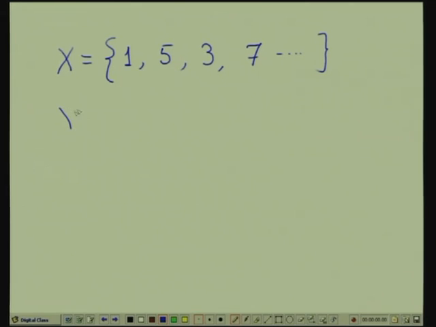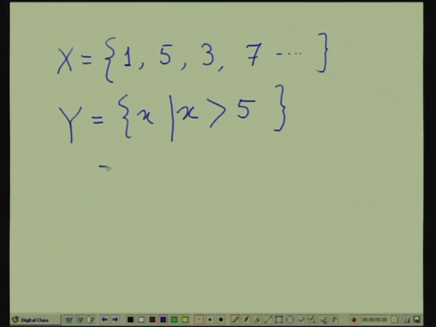Another sort of definition is, say I can define a set Y to be all X such that X is greater than 5.